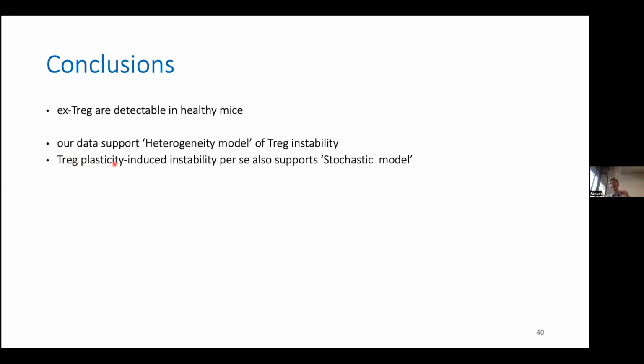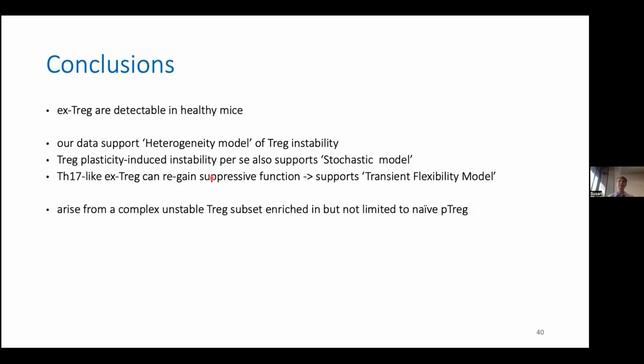A Th1-like Treg can become a normal Treg again, and then under later circumstances become a different type of Th-like Treg. Only for Th17-like xTreg has it so far been described that they can regain suppressive function, which would support the transient flexibility model, but there's still a lot of work that needs to be done to either integrate all these data into one more holistic model or to dissect that further.